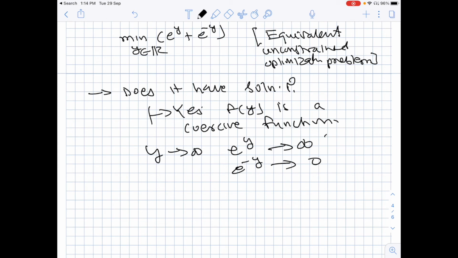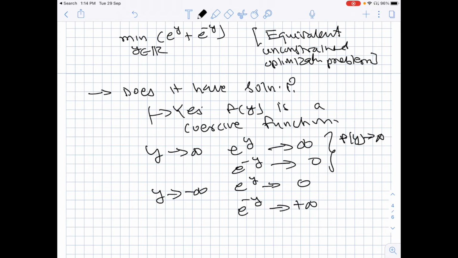So where does f of y go? f of y goes to infinity.